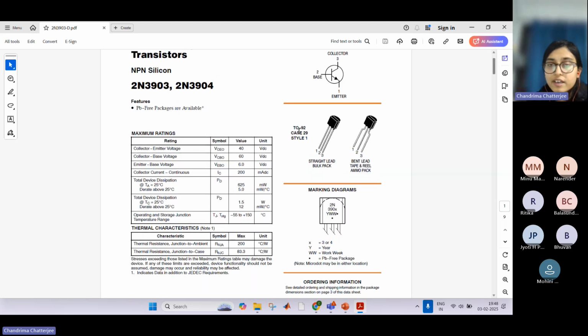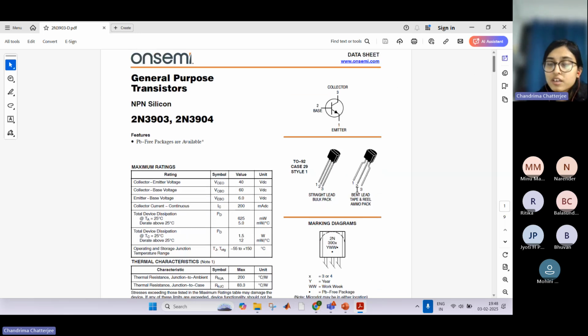And here the actual device is shown. This is the symbol obviously, but if you physically get the device, it will look something like this. The leads are numbered 1, 2, and 3, and they have given which is which.